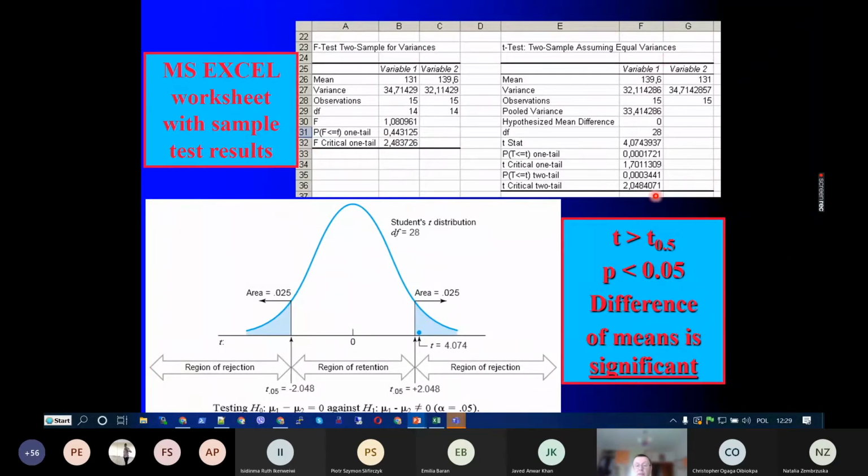And then when we run the t-test, in contrast, whether we consider two-tailed or one-tailed, in both cases the t-statistic is greater than t-critical, and the significance in this case is quite low, significantly less than even 1%. So we have more than enough evidence to reject the null hypothesis and conclude that there is a statistically significant difference between these variables.